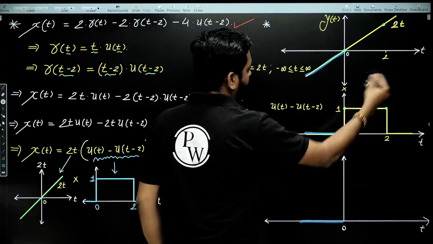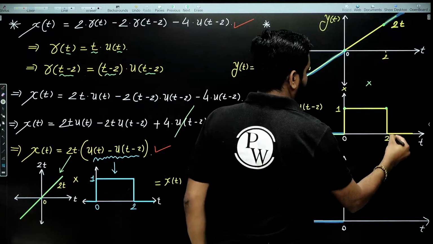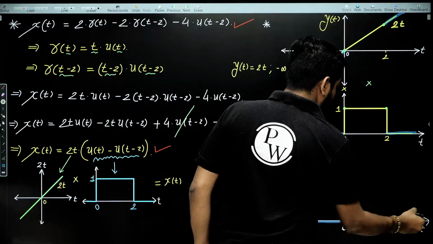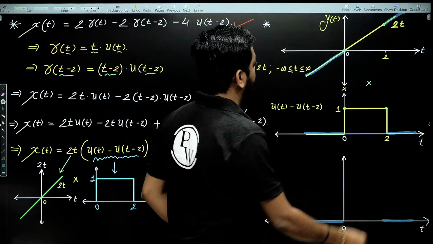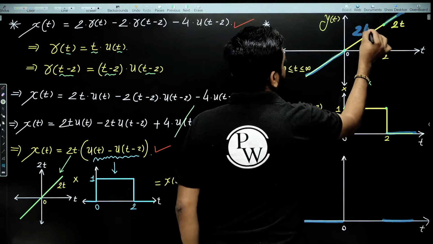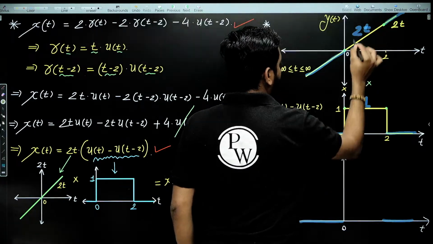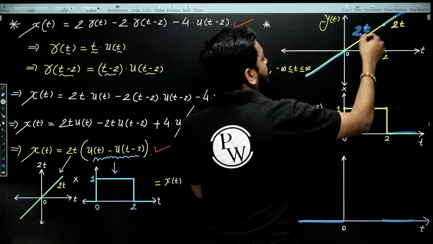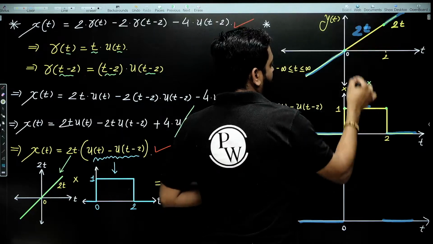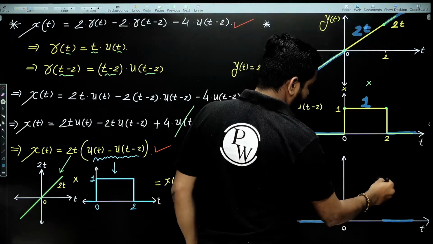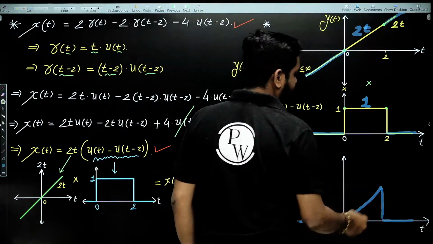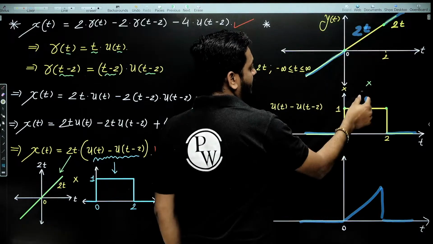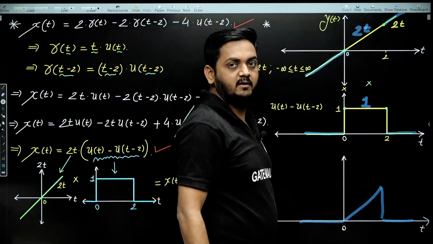Greater than 2, this multiplies with 0, so the answer is 0. Now between 0 and 2, this is 2t, amplitude is 1, so 2t multiplies with 1. Each amplitude of this line multiplies with 1, and then there is a sudden change, guys, correct? 2t multiplied with 1 is nothing but 2t only, correct?